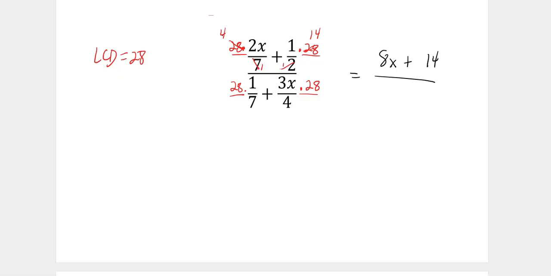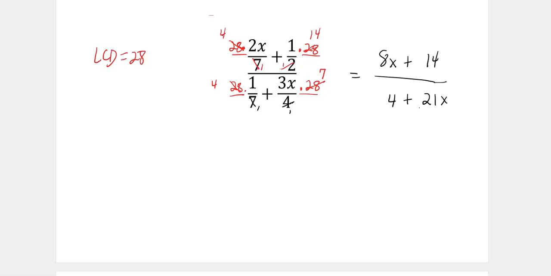Now we'll go to the denominator. 7 divided into 28 will leave 4, and 4 times 1 is 4. And then lastly, 4 divides into 28, which leaves 7, and 7 times 3x is 21x.